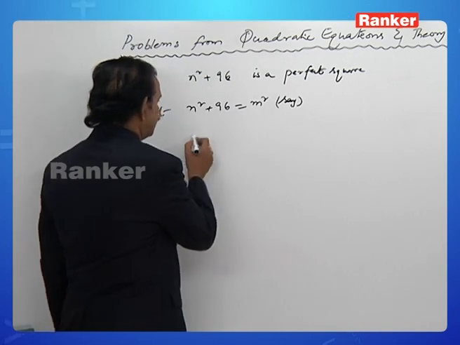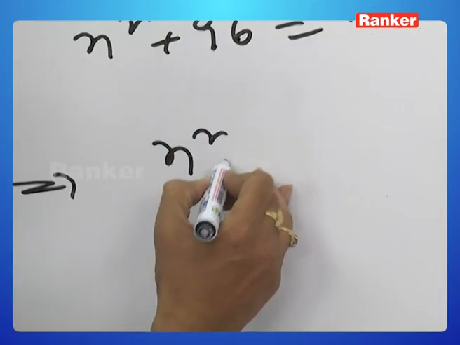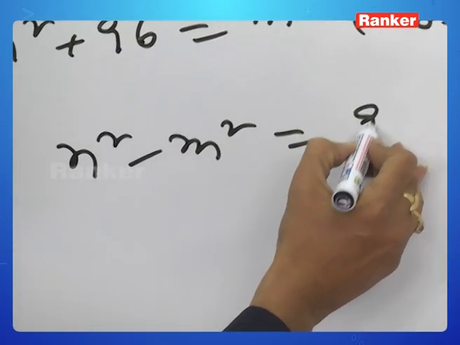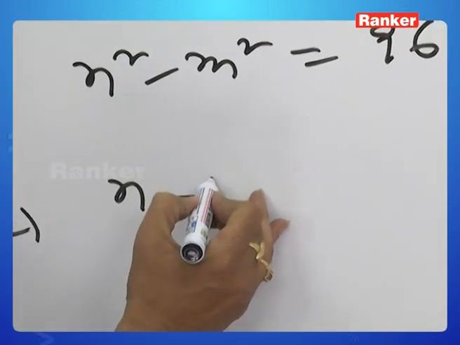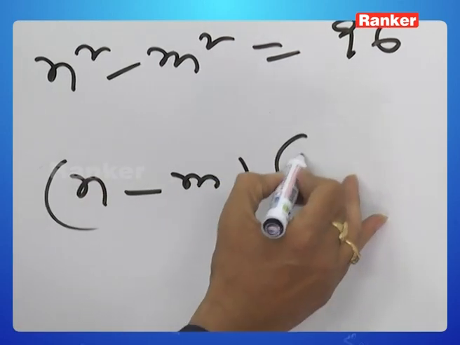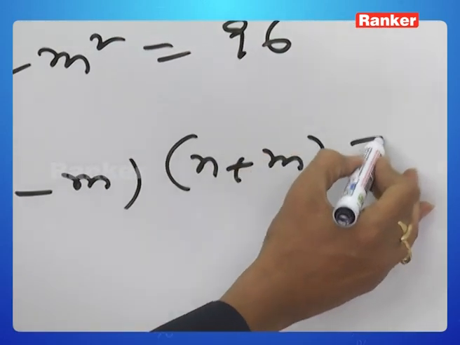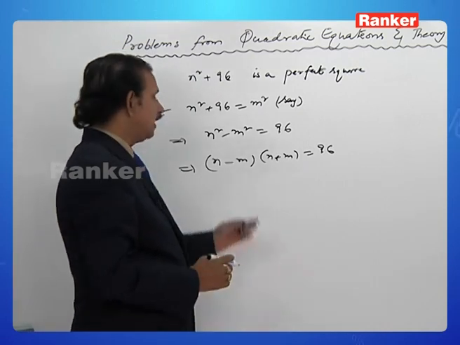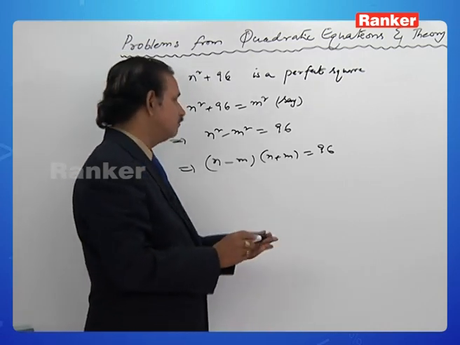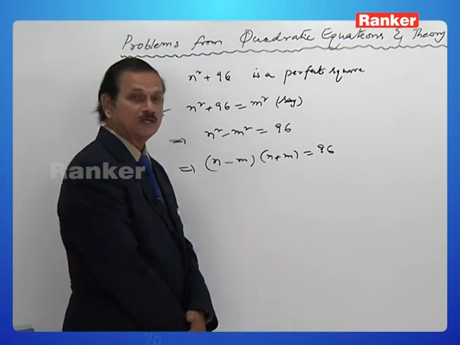From this, what can you have? n square minus m square is equal to 96. Implies n minus m into n plus m is equal to 96.